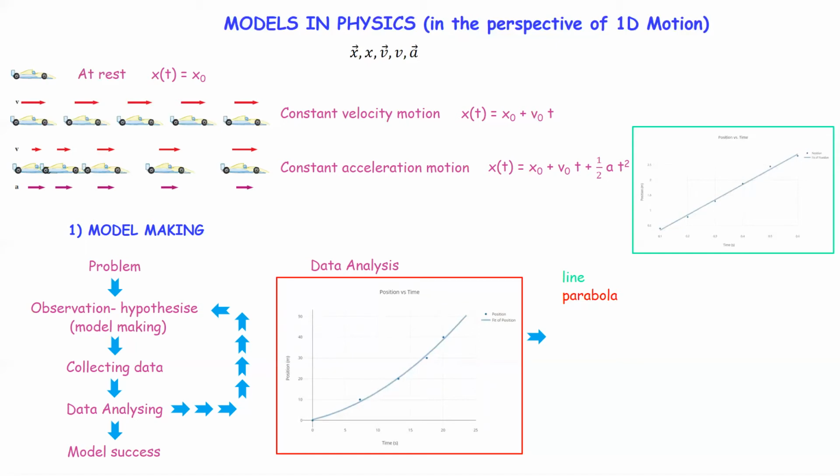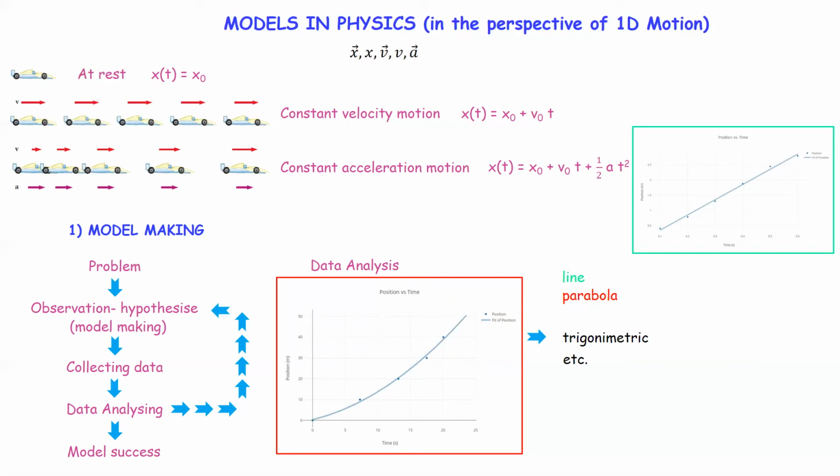If your data is going up and down, it might be trigonometric. So there is a set of mathematical expressions and analytical functions, and what you do is try to fit your data to this set of known analytical functions upon data analysis.